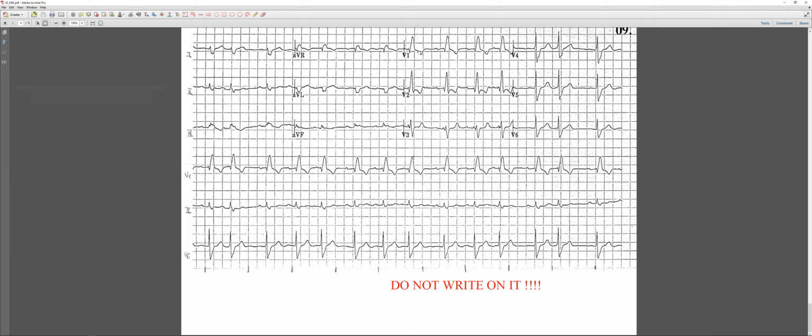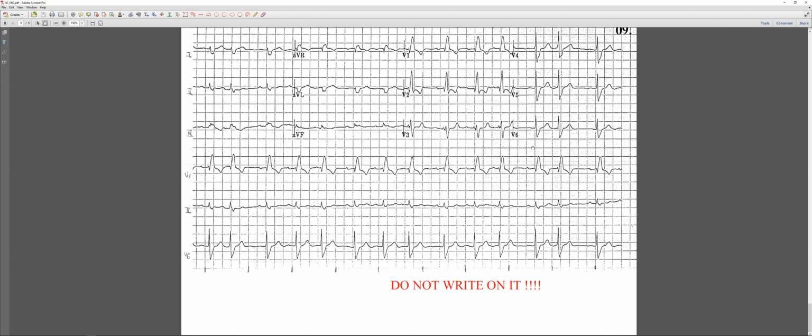Because for the right bundle branch block, you should see a tall, wide R wave in V1, V2, V3, and you should see reciprocal changes in V5, V6, so a wide S wave on the left side.